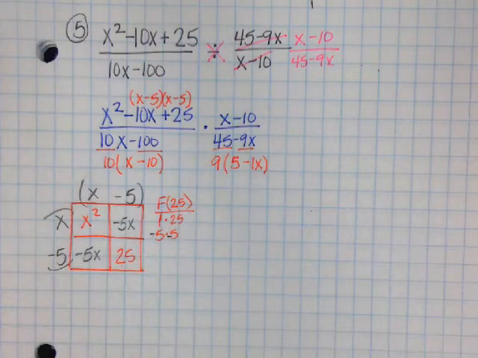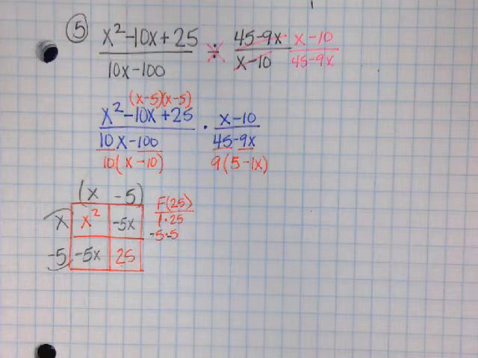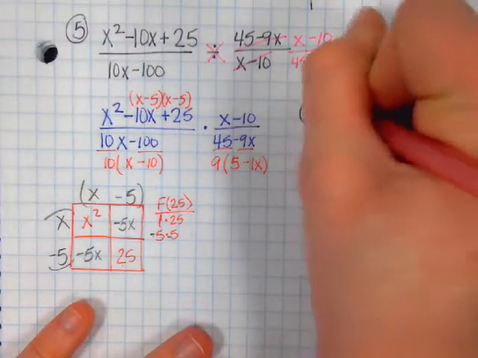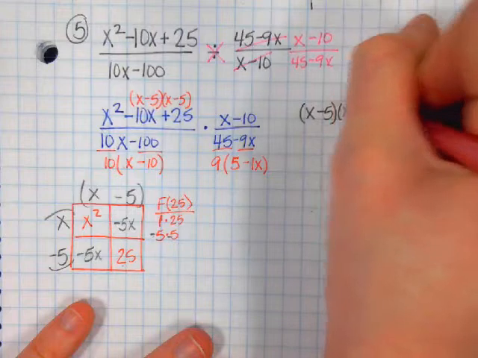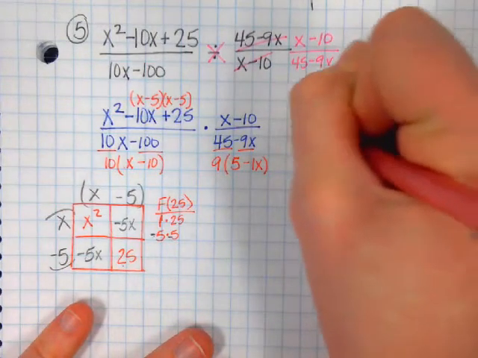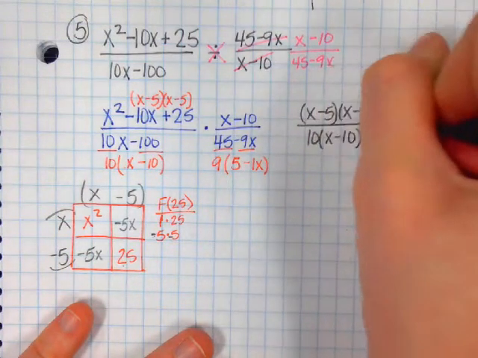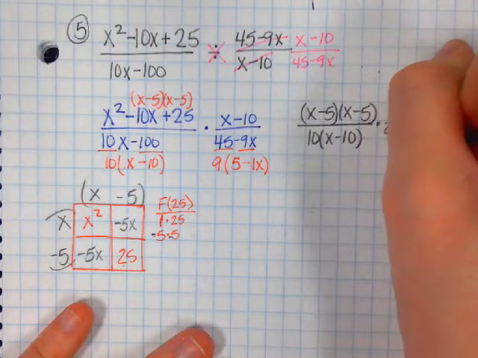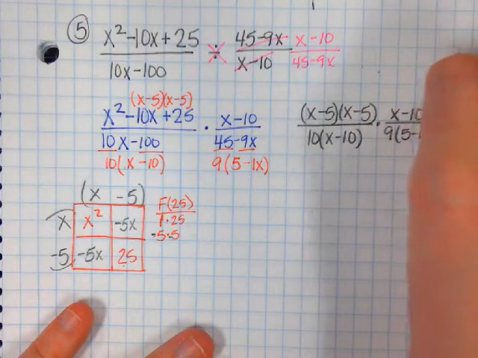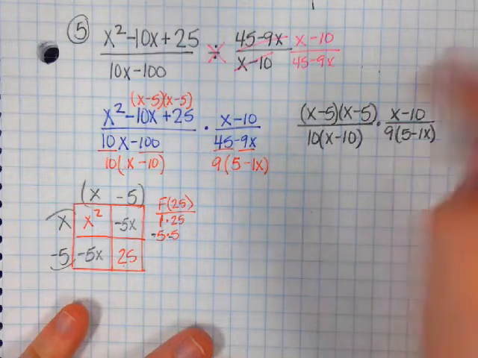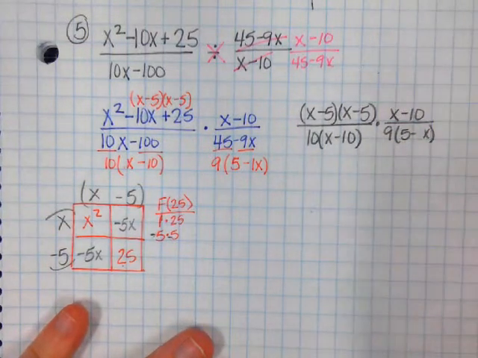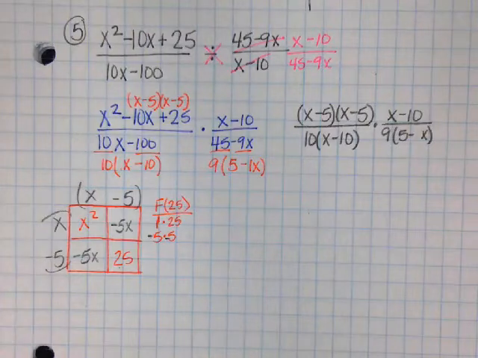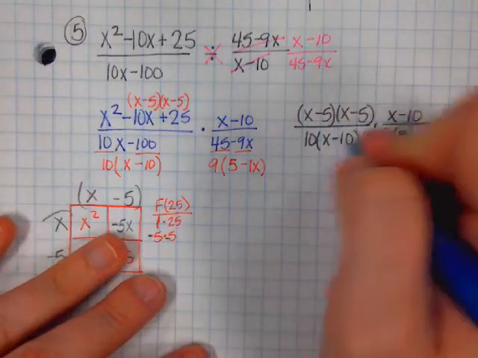Okay. If you look at this one, this problem's a good problem to look at. So as of right now, I'm going to rewrite all of this stuff. So we have (x minus 5) over (10 times x minus 10) times (x minus 10) over (9 times (5 minus 1x)), or just minus x.